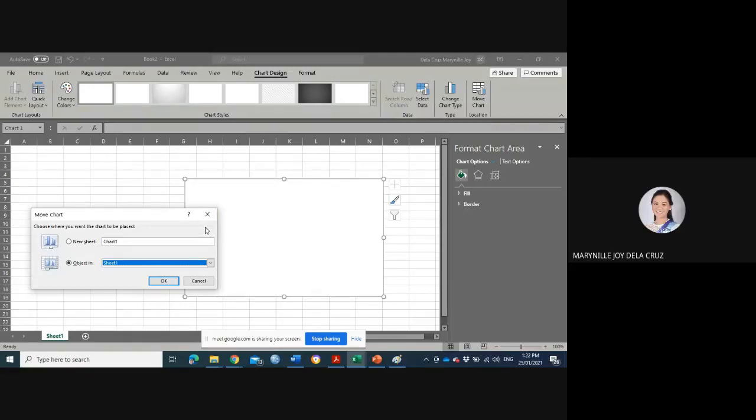Why man ako nagambal sa Excel? Pwede man yan mo maobra sa iba nga klase. Okay, ma'am.